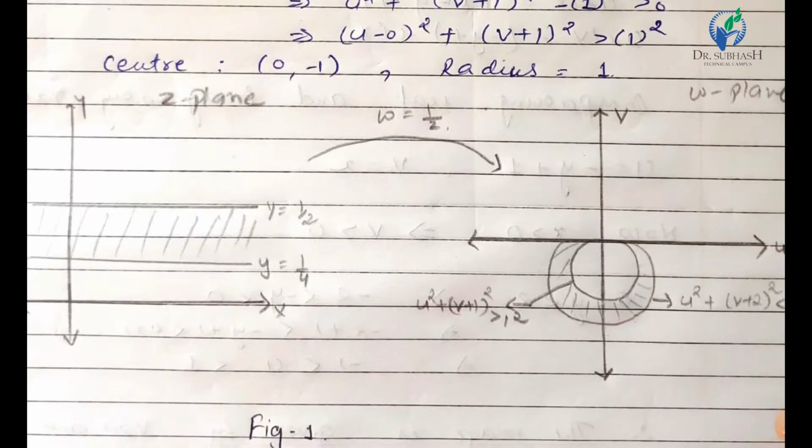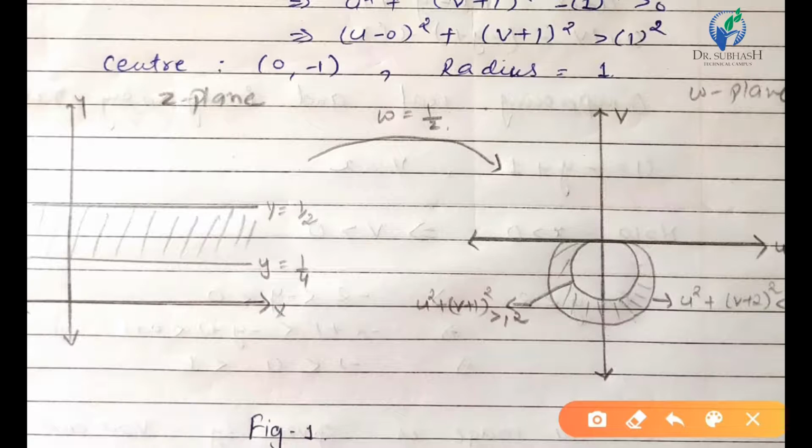Now we have already obtained the two images, both are circles, for the given infinite strip. Our infinite strip was 1 by 4 less than y less than 1 by 2. That was the infinite strip given to us.